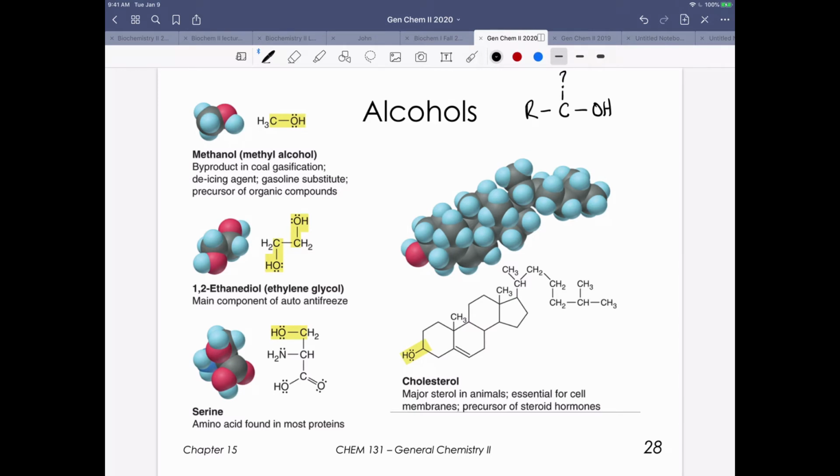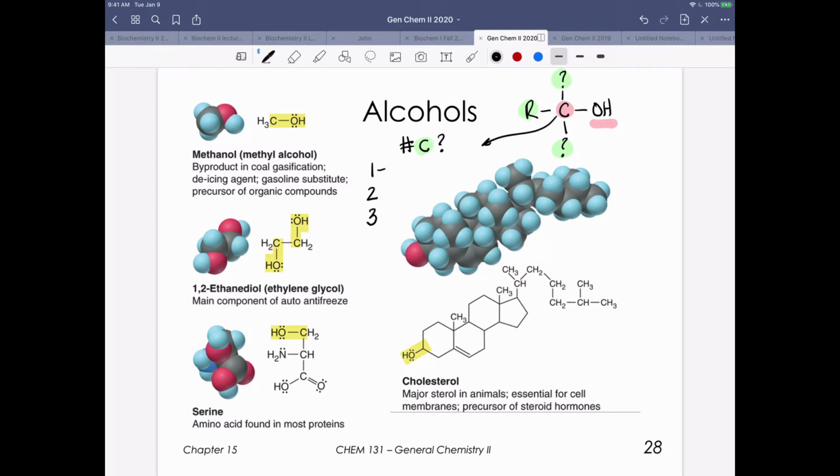And we need to ask the question, how many other carbon atoms are attached to that carbon? I'm going to say that again because this can get confusing. We need to look at the carbon atom that's directly bonded to the oxygen atom, and ask what is the number of carbon atoms bonded to it. It can either be 1, 2, or 3.